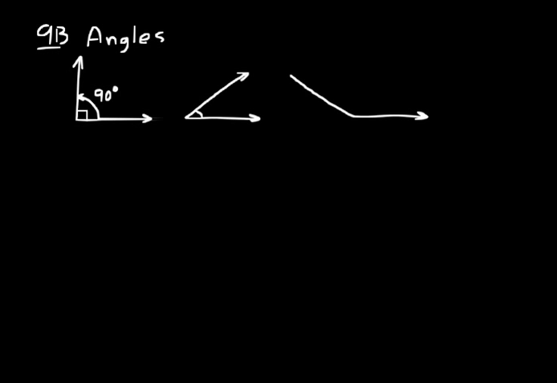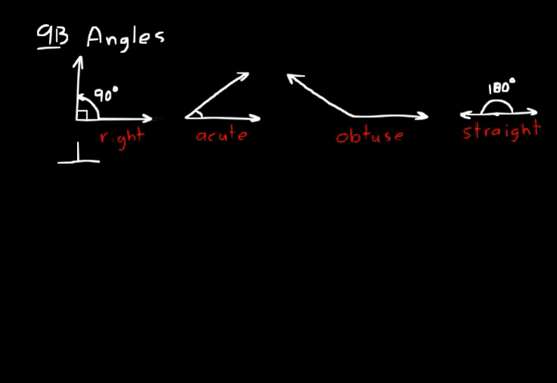And then a straight angle has a common endpoint, one ray to the right, one to the left, and it's 90 plus another 90, it's 180 degrees. It's basically 2 right angles. Going back to the right angle, if you had one right angle here and then drew another one back to back, that would be 90 plus 90 is 180. I've written the names of those types of angles in red there.